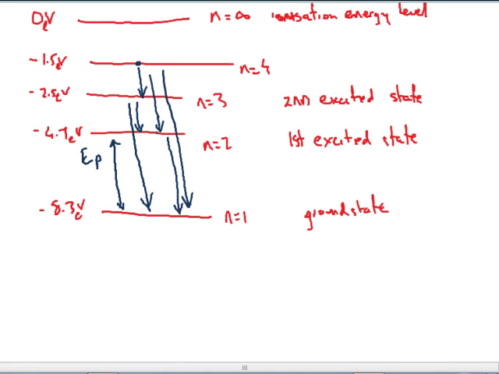Those are the possible wavelengths that could be emitted. Does that make sense? Sometimes you're asked to find the values, sometimes you're asked to draw in the possible photons that would be released as that electron fell back through the energy levels.